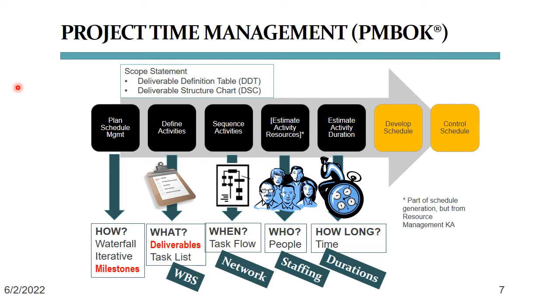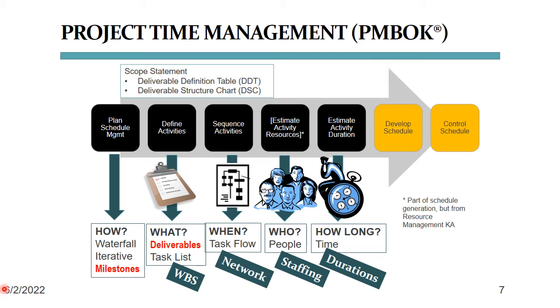Here is a more detailed look at the project time management knowledge area so you can see where we're going with this. In the plan schedule management process, we decide what the development process is going to look like. Whether waterfall only, agile or iterative only, or a mixture of both, maybe agile for the design of a backend database that feeds into a web page, but waterfall for the front-end web page that displays our database results.